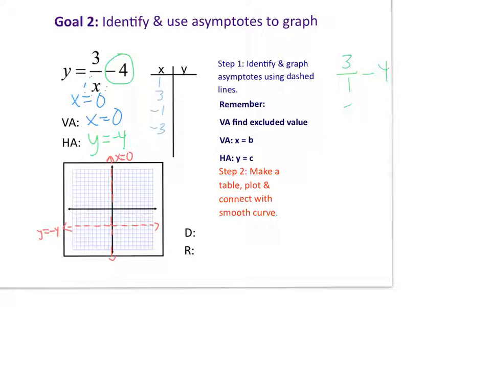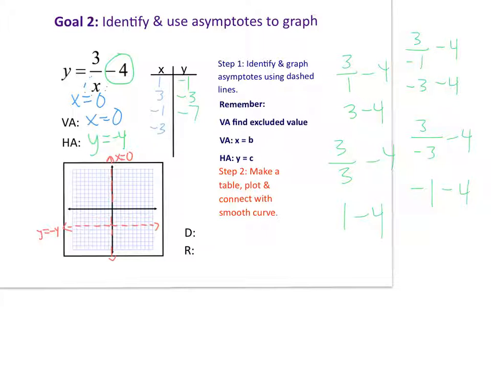And 3 over 1 is just 3 minus 4 is -1. If I plug in 3, I will have 3 over 3 minus 4, and 3 over 3 is 1, minus 4 is -3. If I plug in -1, I have 3 over -1 minus 4, so that would be -3 minus 4, which would be -7. And last but not least, 3 over -3 minus 4 would be -1 minus 4, which would be -5.